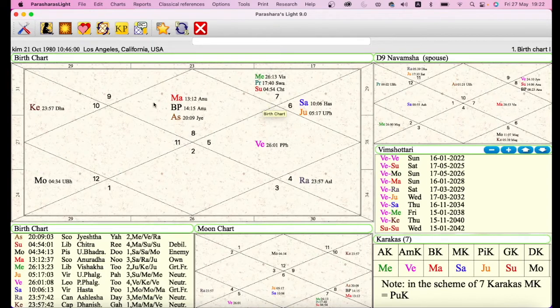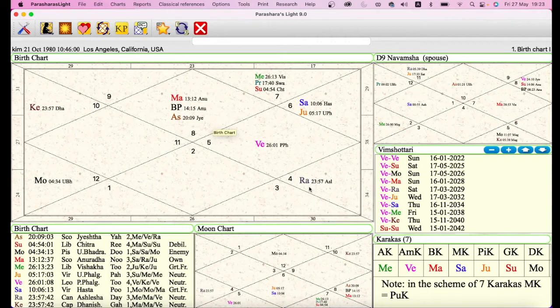So basically BHRIGU BINDU point is at 14 degrees of the first house, and you can see here BP, this is Parashara Light software, BP is 14 degrees and 15 minutes. The destiny point of Kim Kardashian is 14 degrees and 15 minutes, and this is how we calculate.